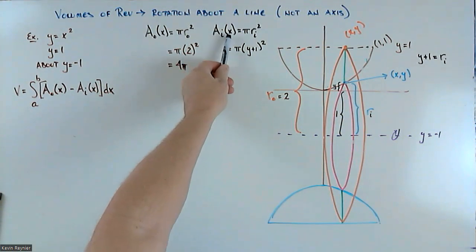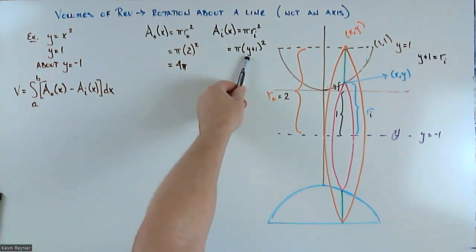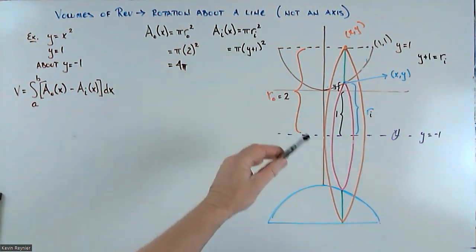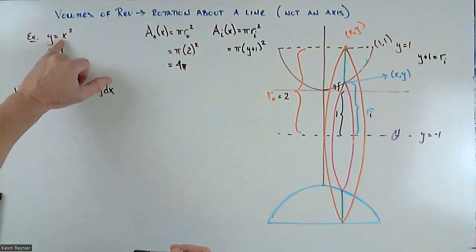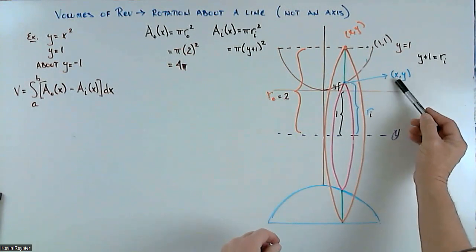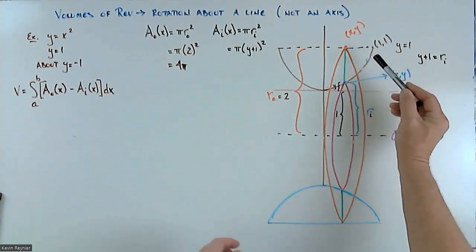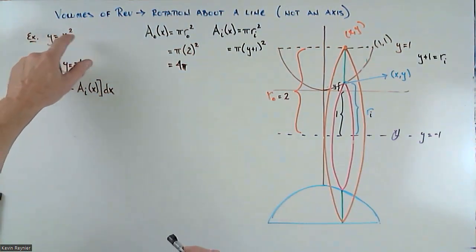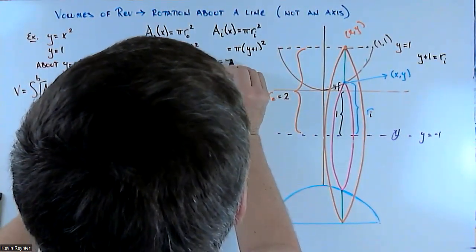This says my area function has to be in terms of x. I currently have my area function in terms of y. So this is not finished. I need to change my variable. I am told by my equation here, based on the fact that this point xy is on the parabola, right? It's on the brown parabola. That parabola has the characteristic that y is equal to x squared. So I can come over here, and I'll keep sliding left to make more room.